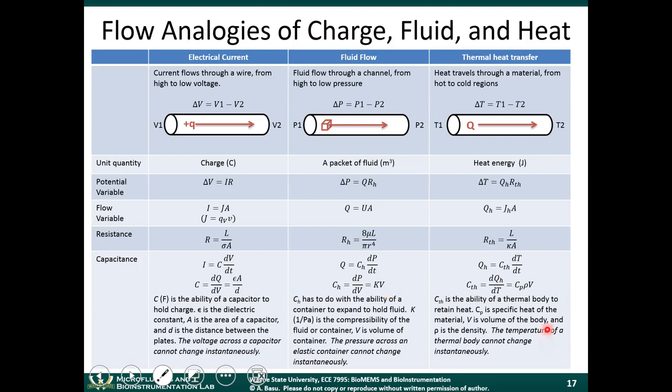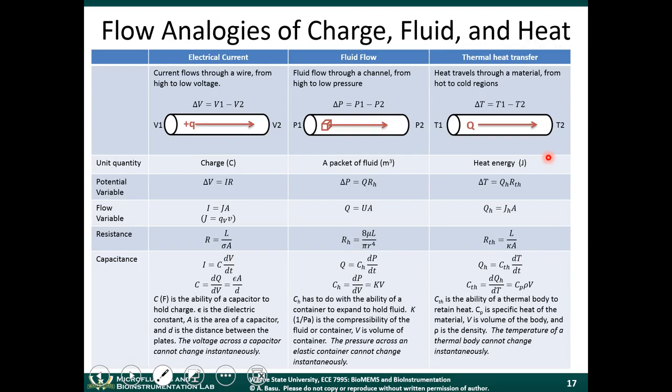Now moving on to the thermal domain. The thermal capacitance has to do with the ability of an object to retain heat, just like capacitance is the ability of the system to retain charge. The unit quantity here is heat.